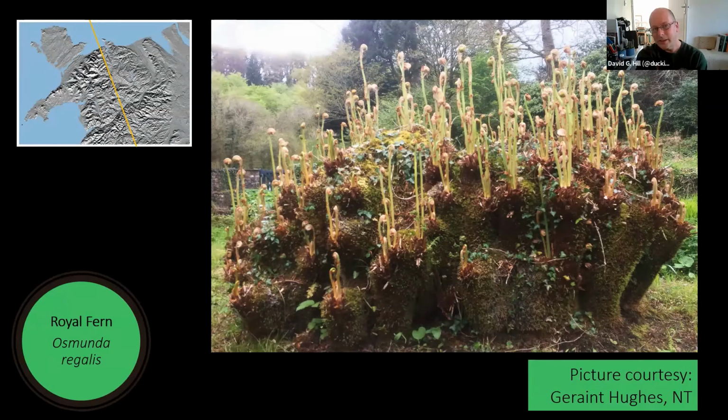It still existed quite well in the mountains and on the Fleen and the more remote areas. But you could buy a royal fern at every train station in North Wales. So much the same as today, you might pop to a train station and buy a cactus, I don't know, then you could buy a fern.